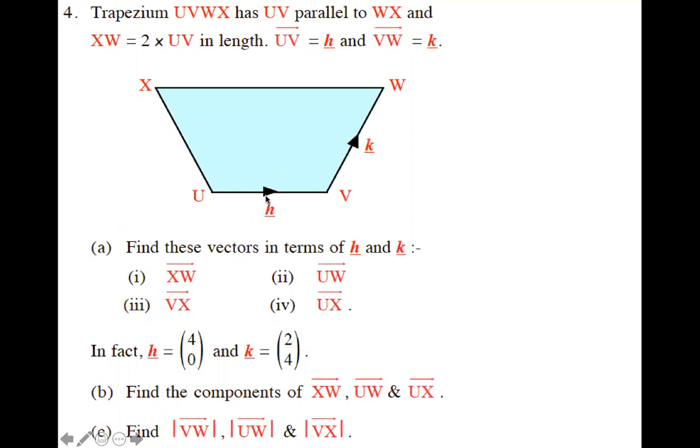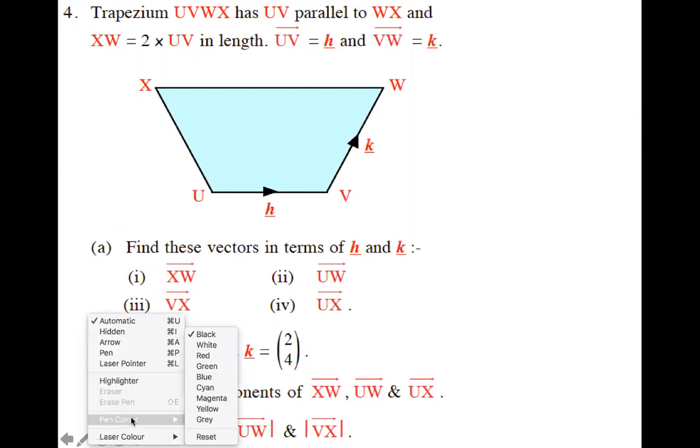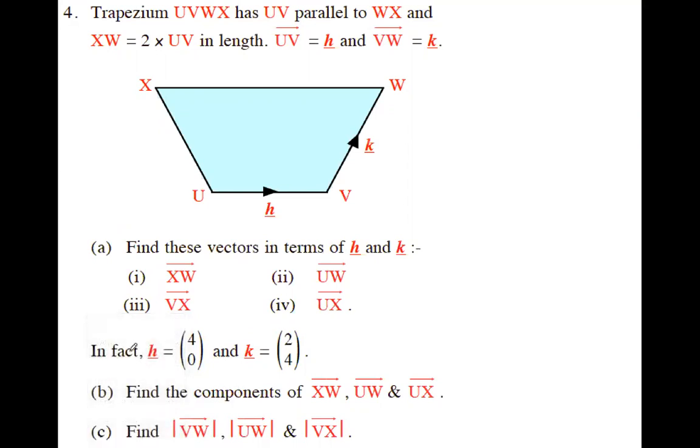And what I said to you is, the first thing you should try and do when you come to that type of exercise is to write down on your paper what you've been given. So we've been told that XW is 2UV. But because UV is H, we just write here 2H.